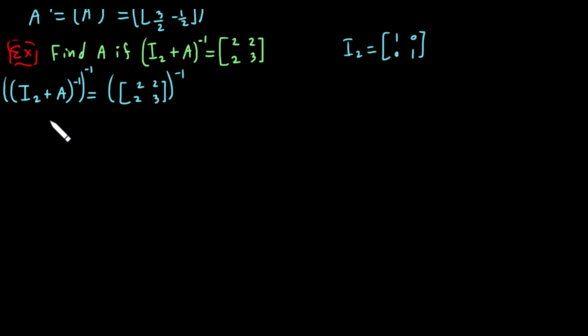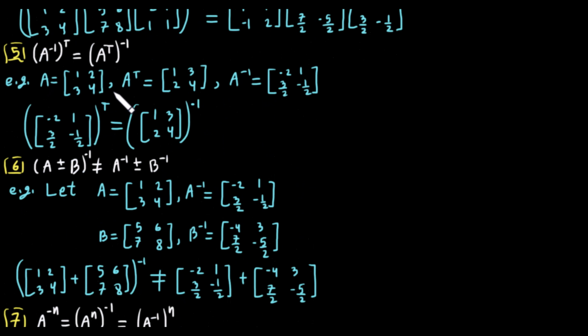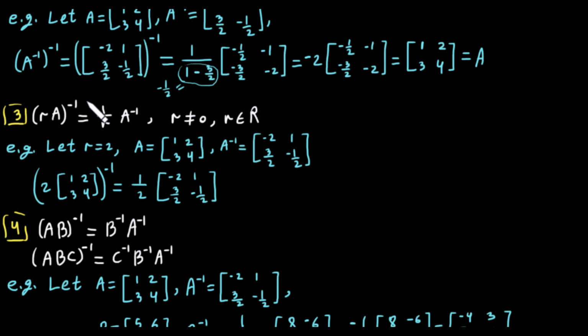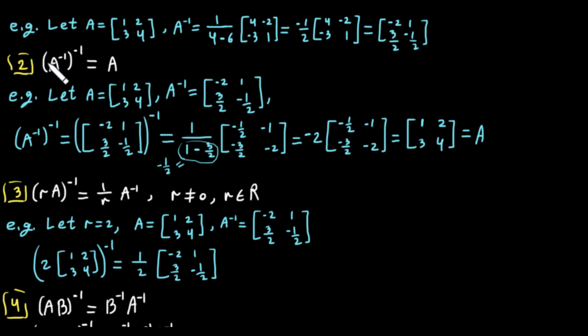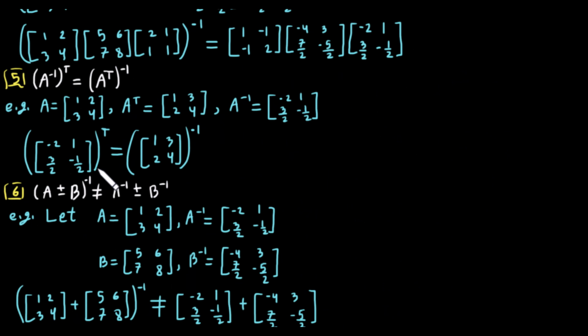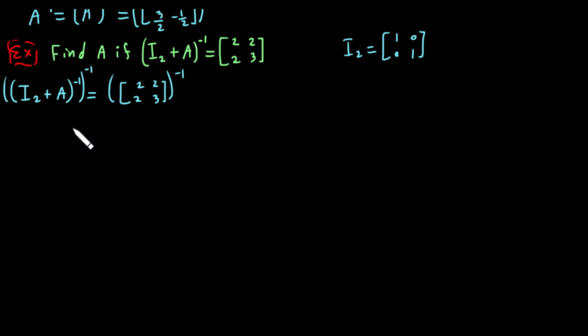On both sides you take the inverse, so this inverse goes away with this, because -1 multiplied by -1 is 1, as we have done here. So we have used the second property, and this simplifies to I2 plus A equals the inverse of this matrix.